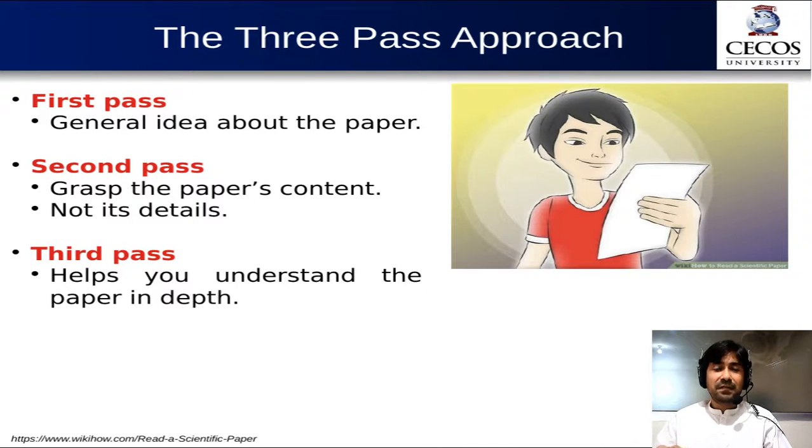In the second phase, you go deeper. You grasp the paper contents. But here again, you don't need to read all the details. And the objective of the final step is to better understand the paper, to deeply read the paper. Here you have to read the paper in much more detail. So how can we follow this approach? Let us explore these steps one by one in detail.